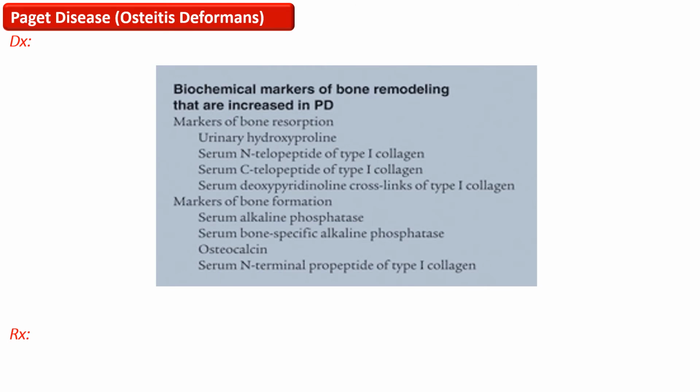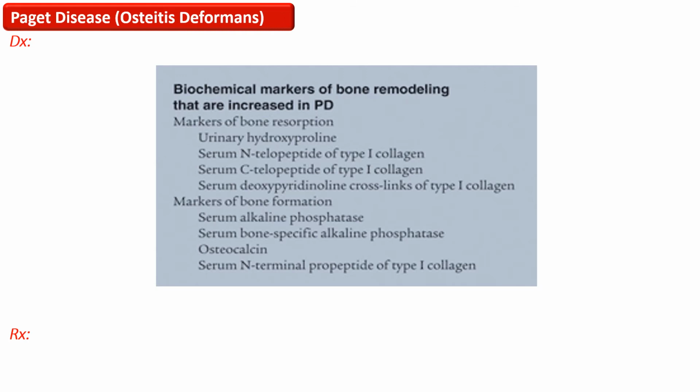The biochemical markers are available for the diagnosis of Paget's disease. Some are markers of bone resorption, while others are markers of bone formation. The markers for bone resorption are urinary hydroxyproline, serum N-telopeptide of type 1 collagen, serum C-telopeptide of type 1 collagen, and serum deoxypyridinoline cross-links of type 1 collagen.